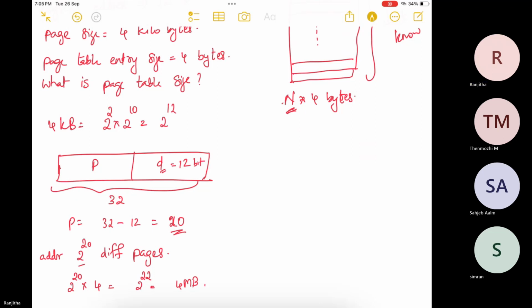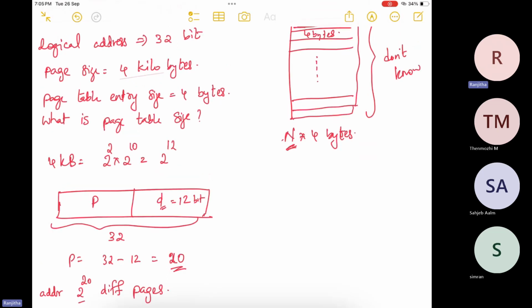Okay. So this derivation, is this clear? When we say that 32-bit is the logical address, this comprises the number of bits required to address the page table plus the number of bits required to address within the page, the offset within the page.